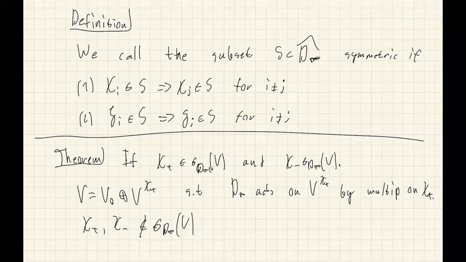So the spectrum of the direct sum is the union of spectrums. And also the same theorem holds for the other three possible pairs of characters. We may change pluses and minuses, and we may change he with xi.